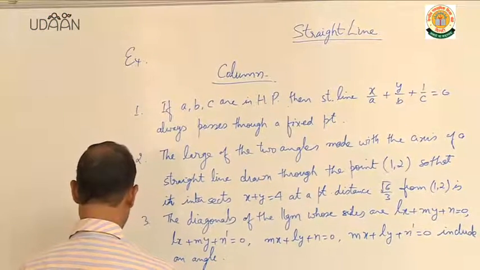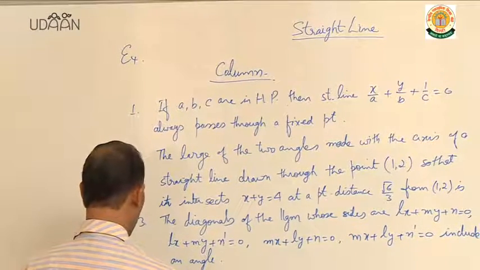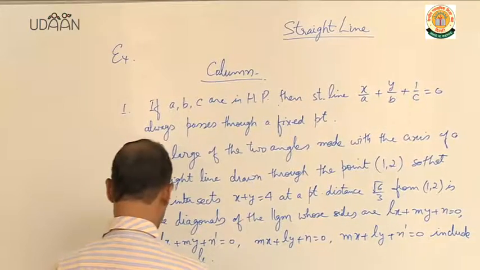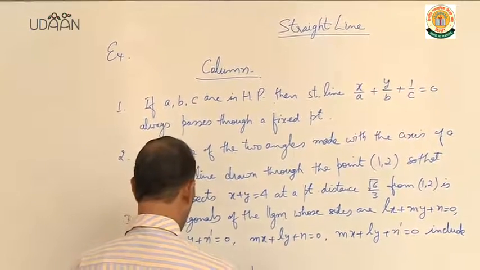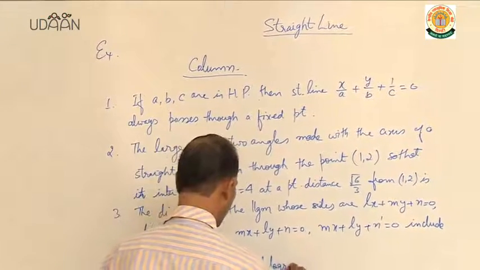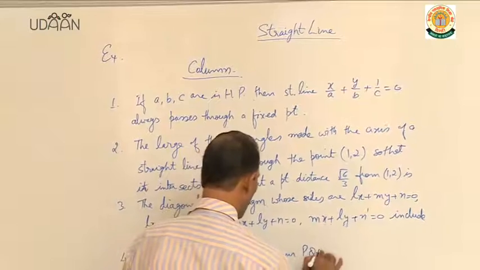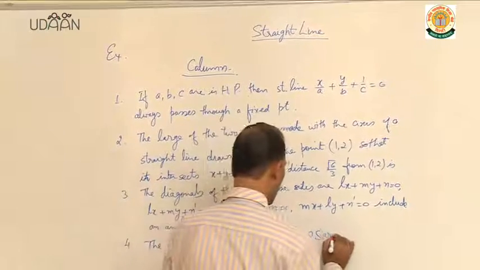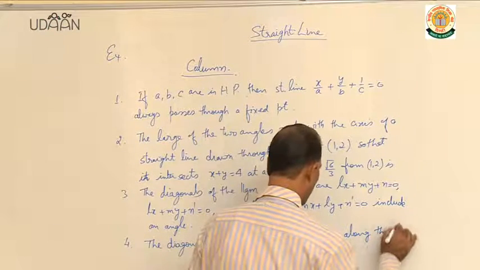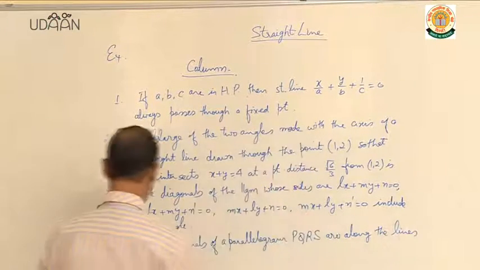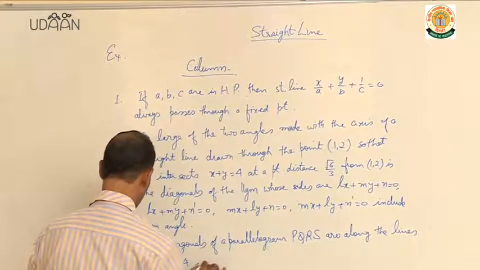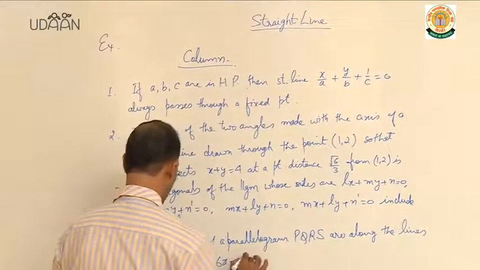And fourth is the diagonals of a parallelogram PQRS are along the lines x plus 3y is equal to 4 and 6x minus 2y is equal to 7.